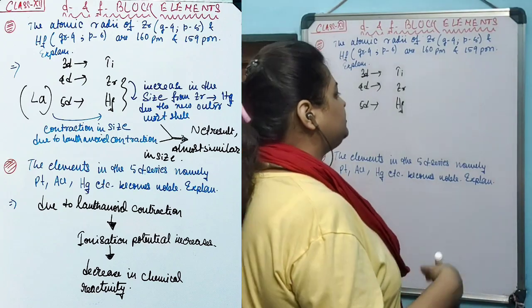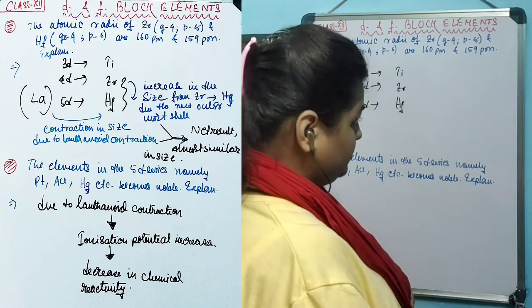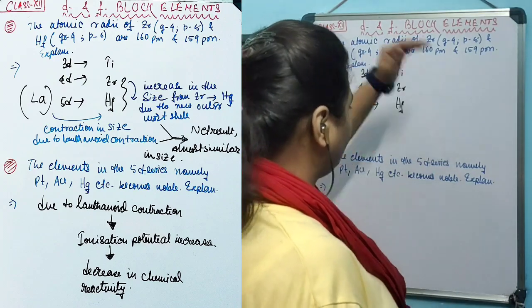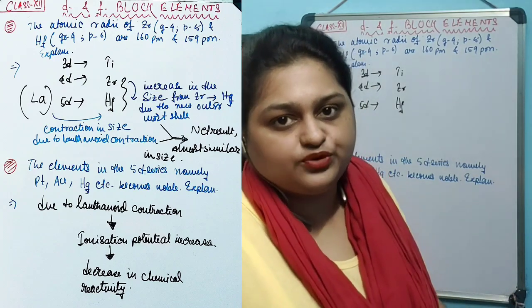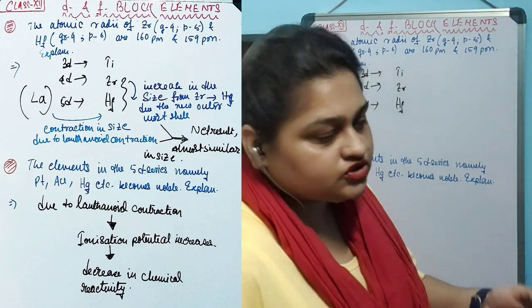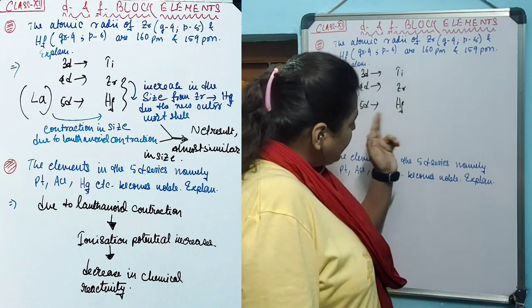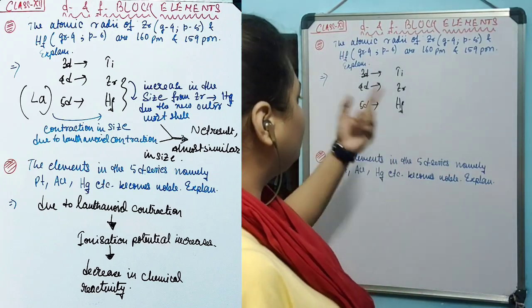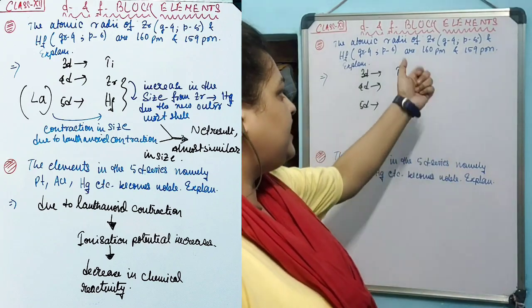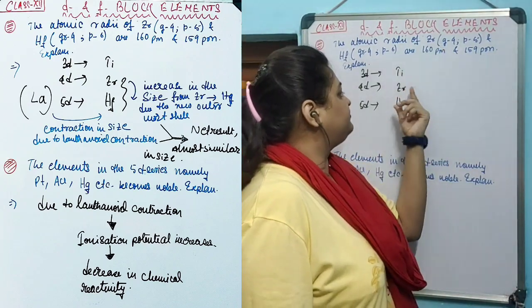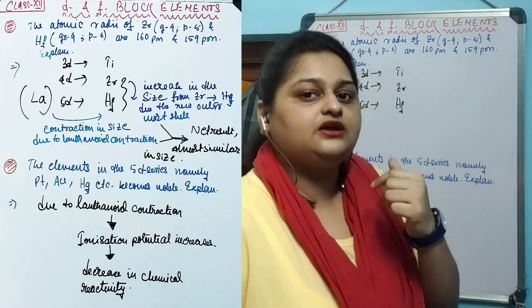We know that going from top to bottom in the same group, the size of the atom increases with the incorporation of a new outermost shell. So the size of hafnium should be larger than zirconium, but in nature both have similar sizes.